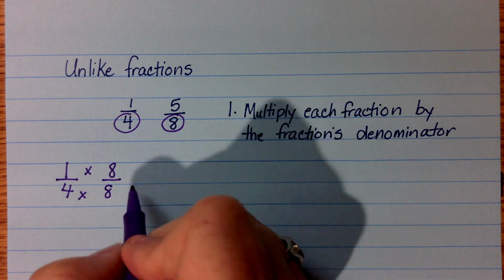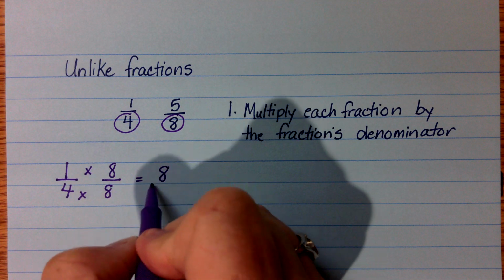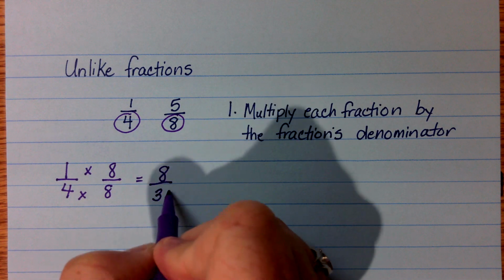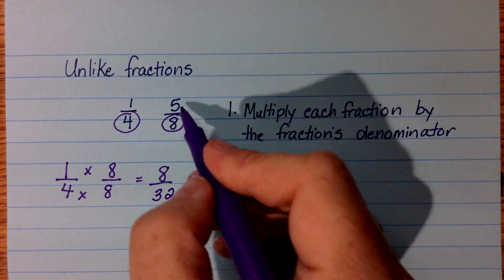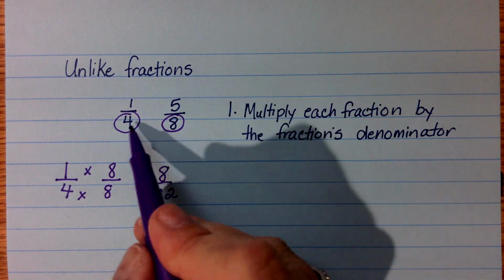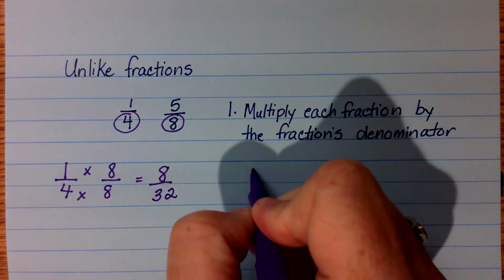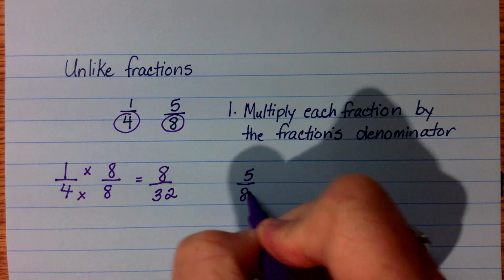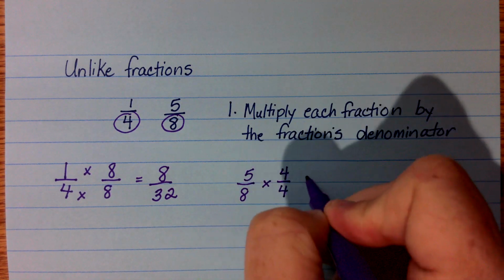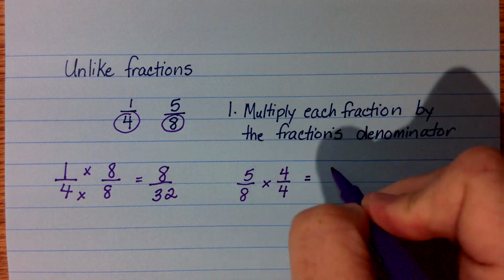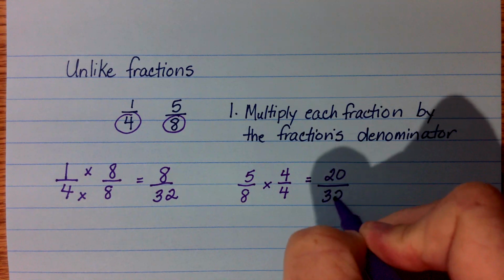When we do that, we end up with 1 times 8 is 8, 4 times 8 is 32. Then we're going to take 5/8 and we're going to multiply the numerator by 4 and the denominator by 4. So when we have 5/8 and we multiply by 4 over 4, we end up with 5 times 4 is 20, and 8 times 4 is 32.